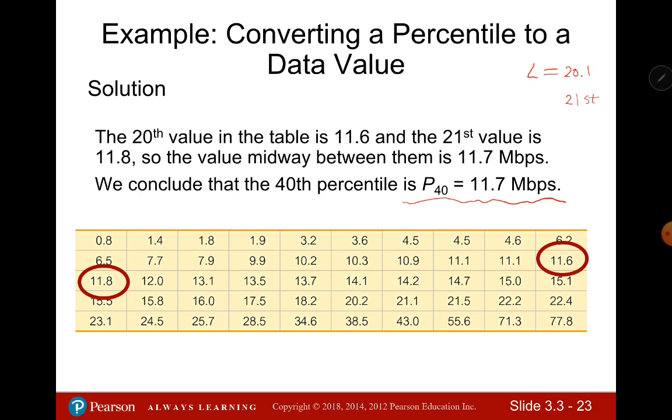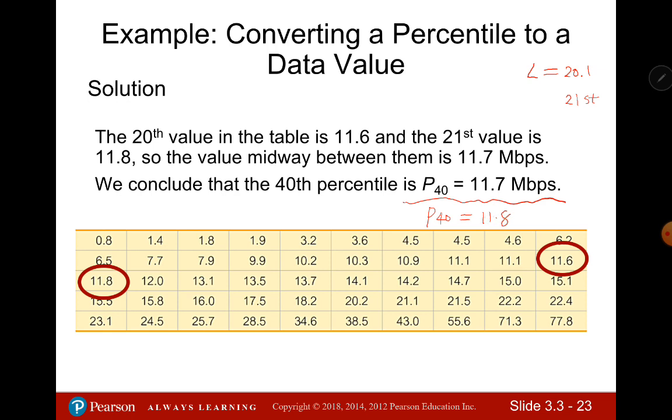But if you check this one against the previous example, maybe you will find that the first time we had the conclusion that 11.8 is equal to the 40th percentile. It's kind of interesting when we go this way.